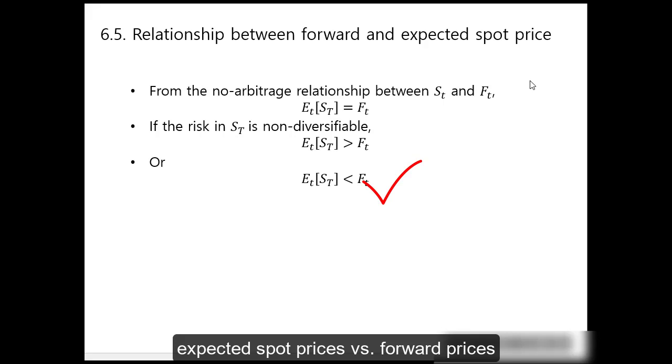And I changed the description slightly here. I changed the description to non-diversifiable risk, which is the more conventional way to think about risk in finance. That is, not all of the volatility or variation is risk. We will distinguish between the type of risk that people really care about and the type of risk that people don't care about.